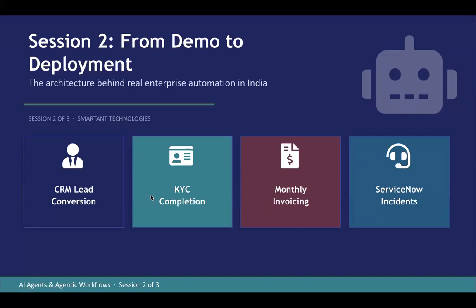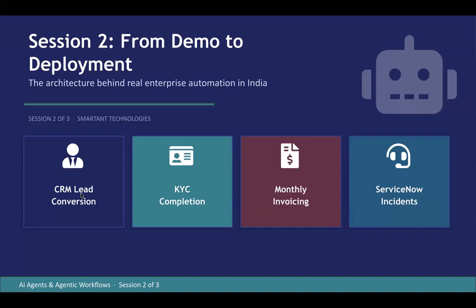Last time I saw four examples being thrown around a lot: CRM lead conversion, KYC completion, monthly invoicing, and the snow incidents. I've prepared sample workflows for all four of them, and we'll see a detailed workflow for how to make one for CRM lead conversion. We'll look at how to deploy these bots, which run with Tally, Zoho, Snow, and WhatsApp, because Indian businesses use these services every single day.